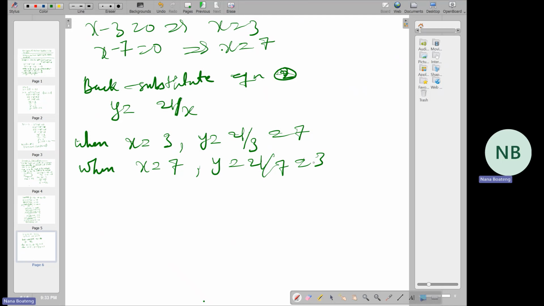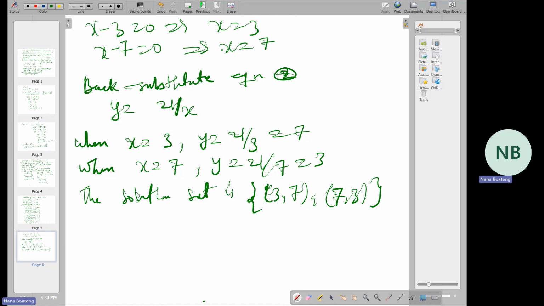All right, so the solution set is: when x is 3, y is 7, and when x is 7, y is 3.